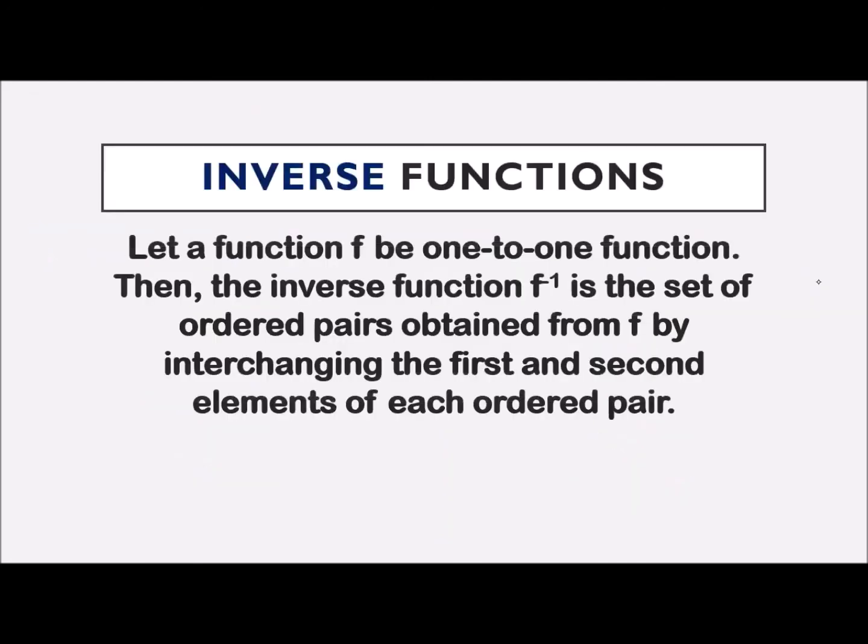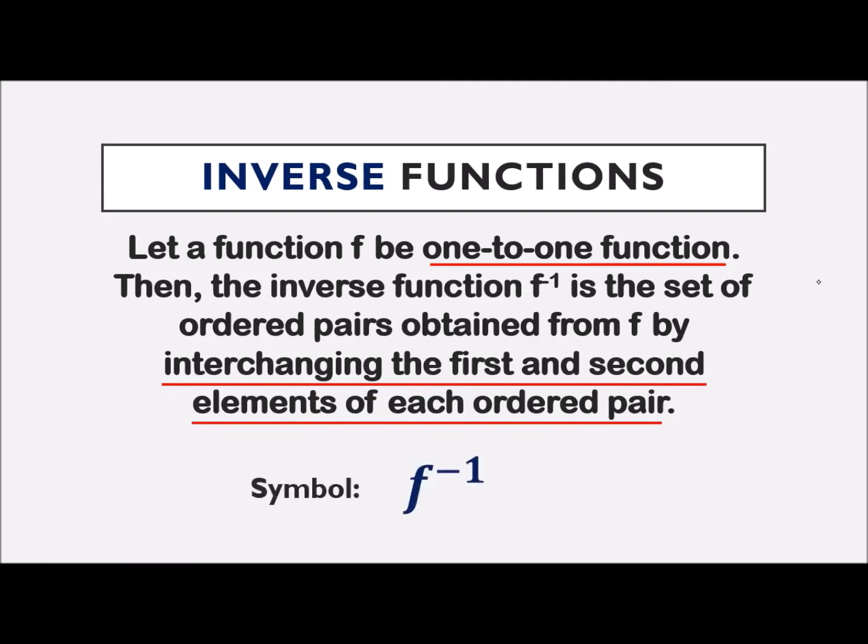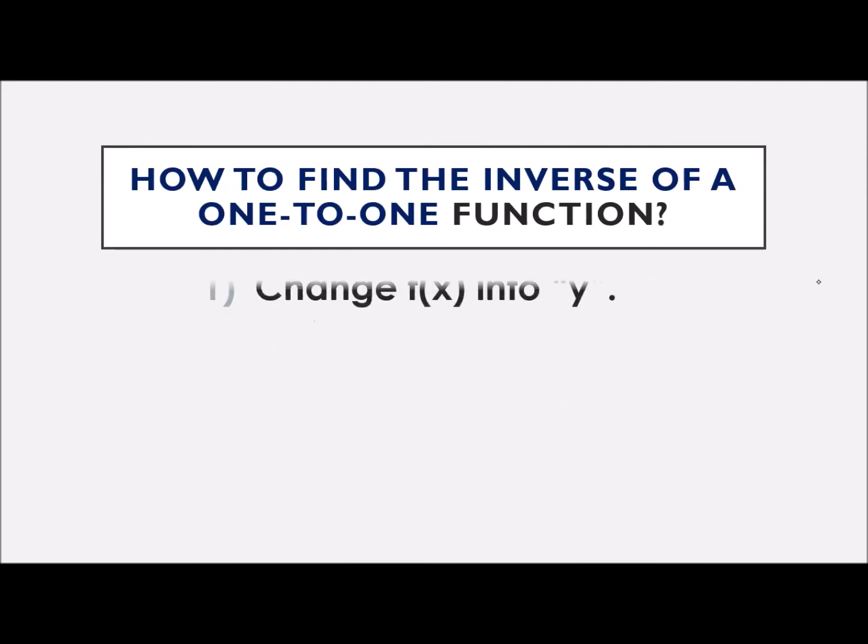Let me go back again to remind you that the inverse function is the set of ordered pairs obtained from f by interchanging the x and the y's, and its symbol is f raised to the negative 1. And this function should be a one-to-one function. Paano natin makukuha yon?